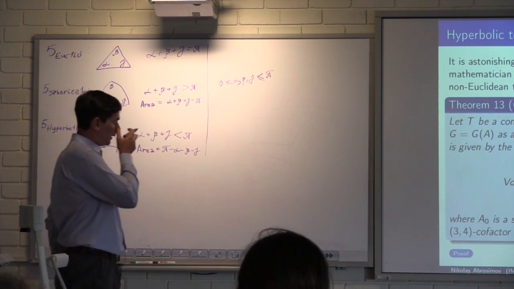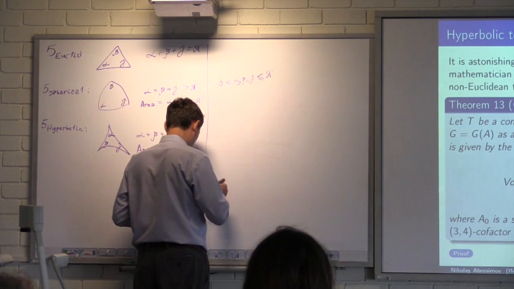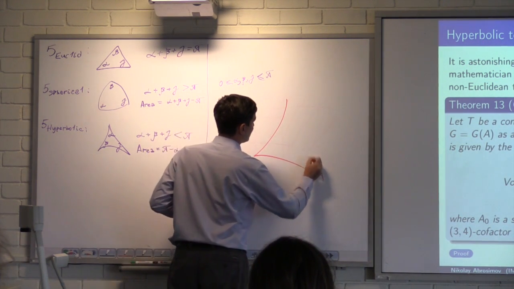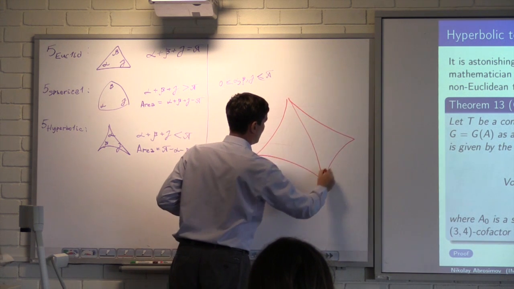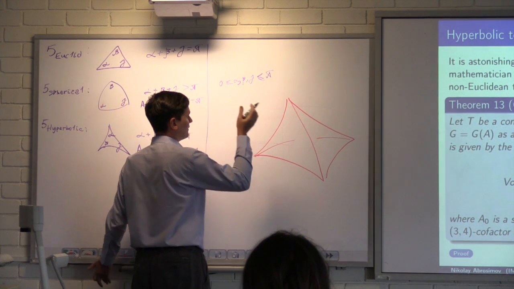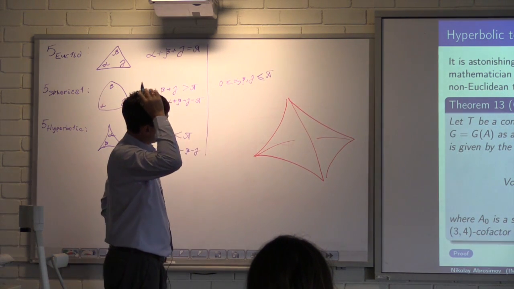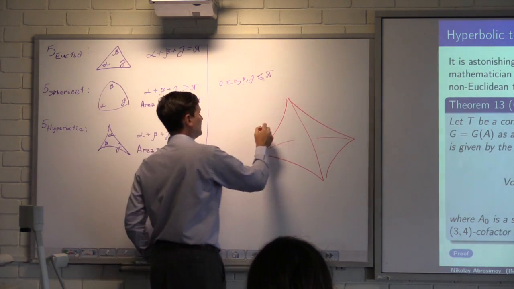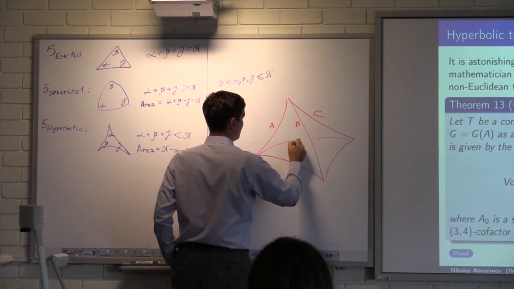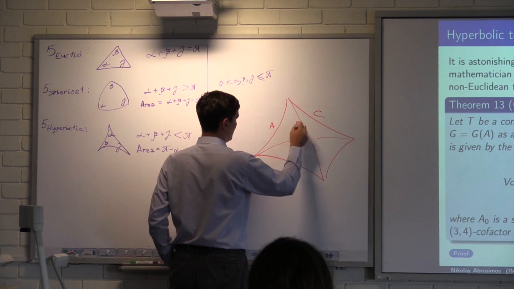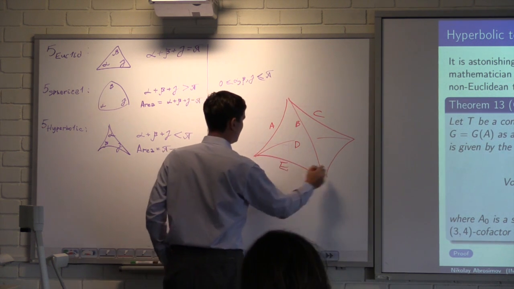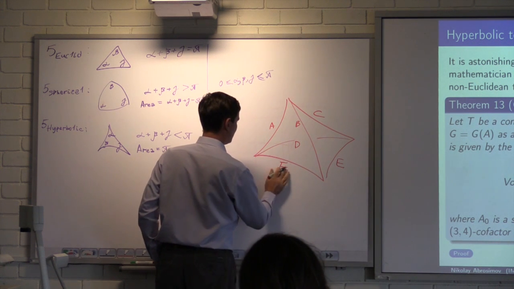So, if we consider a hyperbolic tetrahedron with six dihedral angles A, B, C, D, E, and F.